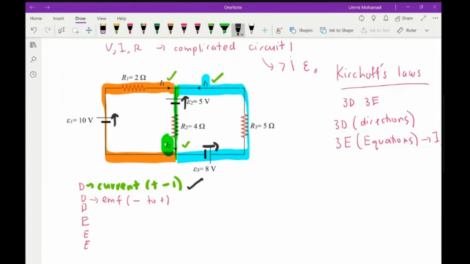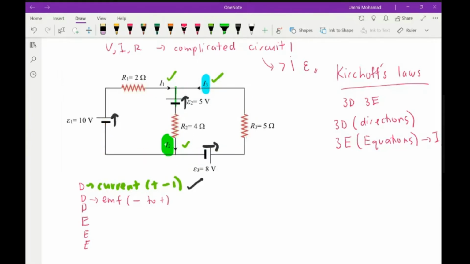For the time being, I will try to make sure everything is neutral so that you won't get confused with so many directions. So this is direction of EMF. And then the next D is direction of loop, either clockwise or anti-clockwise.